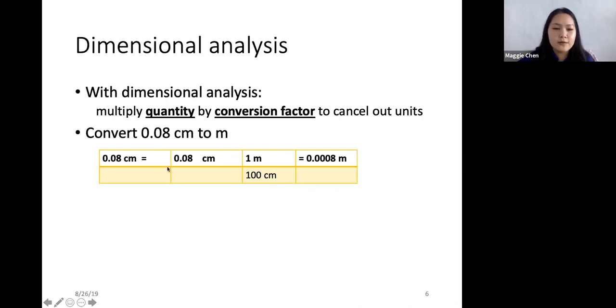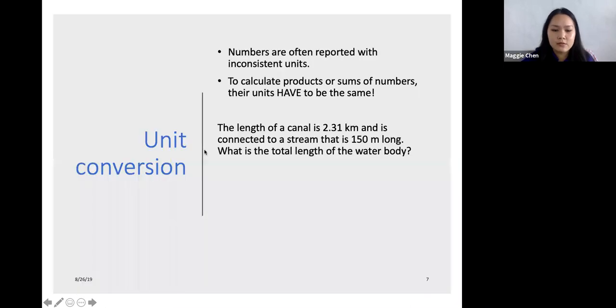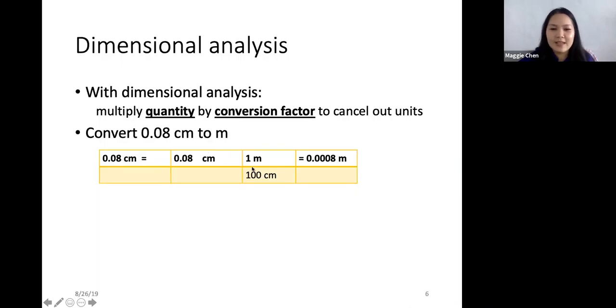So we can write out first 0.08 centimeters, and our conversion factor, we know that in 1 meter there's 100 centimeters, and we can multiply that by 1 meter over 100 centimeters. The centimeters would cancel out, and they would leave us with the units of meters. So we would just multiply across, 0.08 times 1 divided by 100 is going to equal 0.0008 meters.